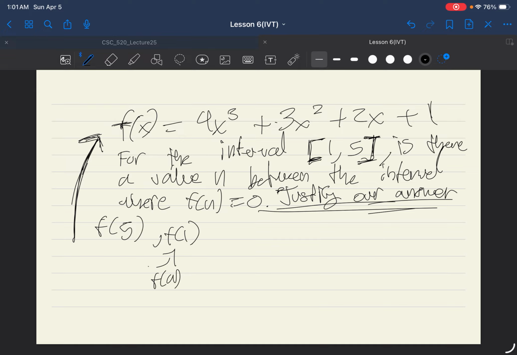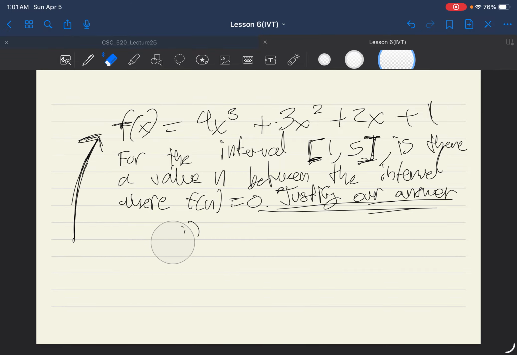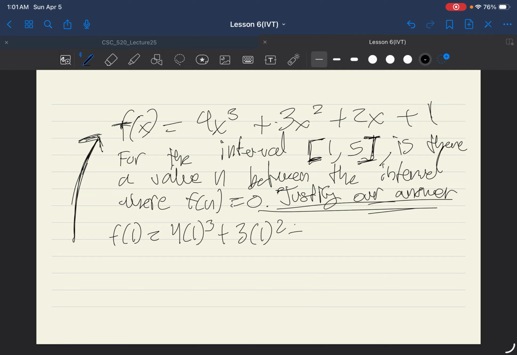So this is f of a, this is f of b. Let's start by finding f of 1. F of 1 is going to be equal to 4 times 1 cubed, plus 3 times 1 squared, plus 2 times 1, plus 1, which is 4 plus 3 plus 2 plus 1, which is 10.